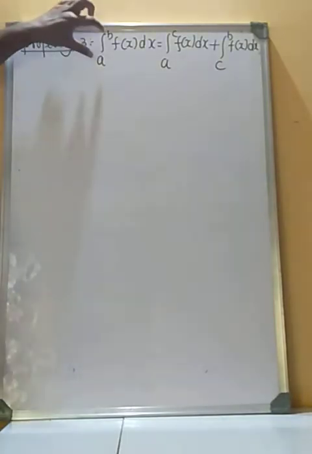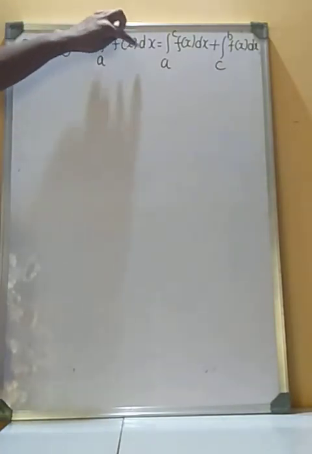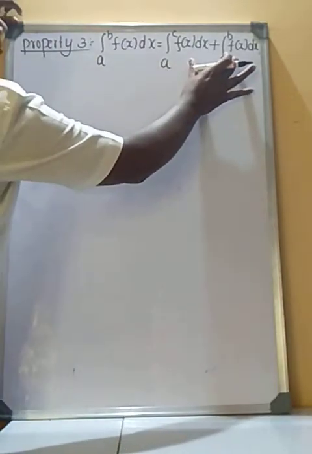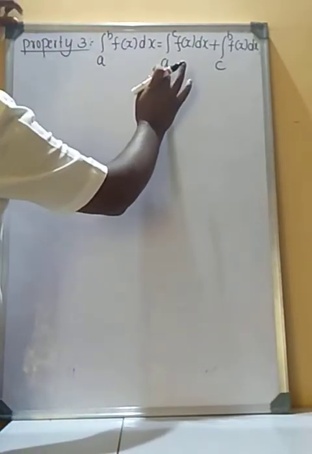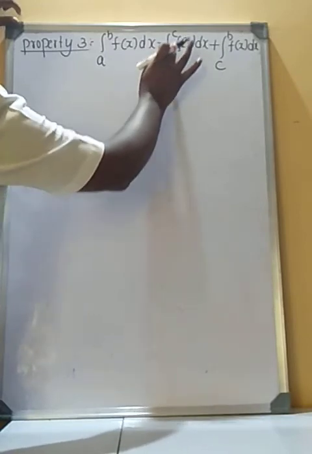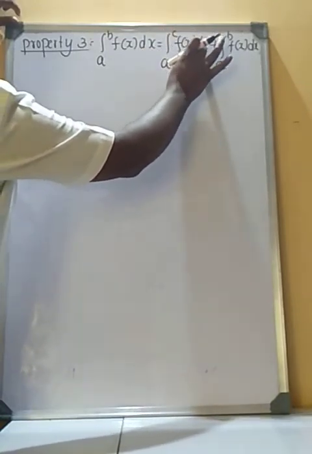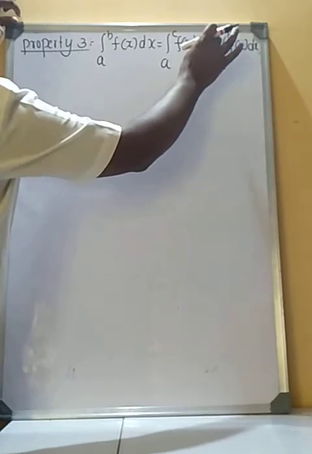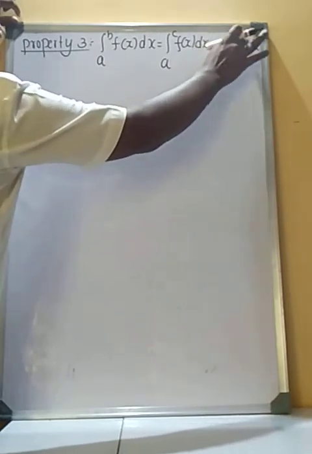Integral a to b f of x dx can be written as the sum of two integral terms, that is, integral a to c f of x dx plus integral c to b f of x dx.